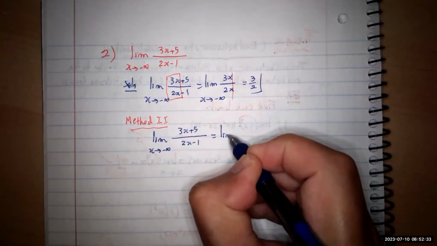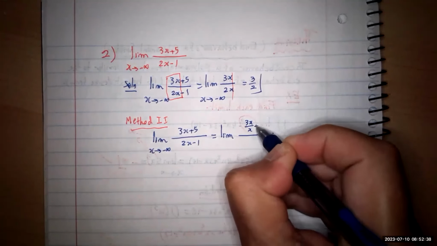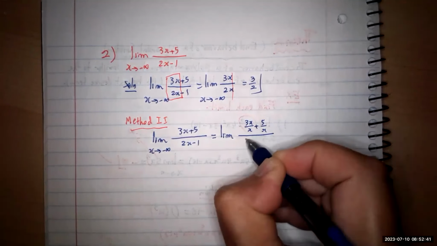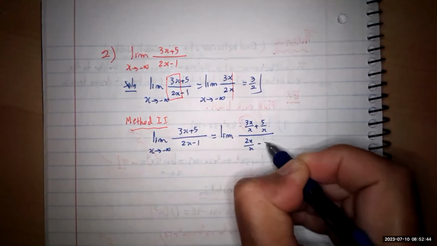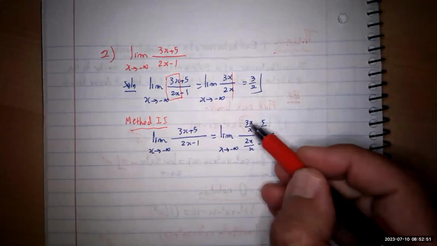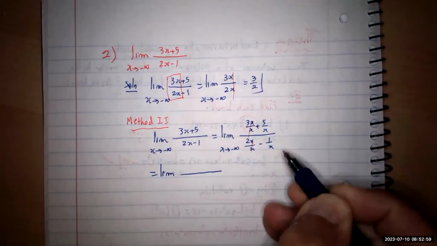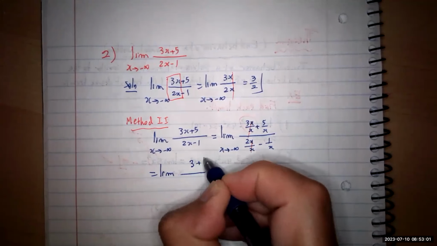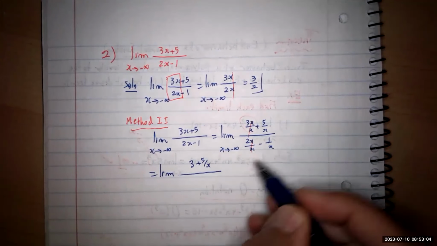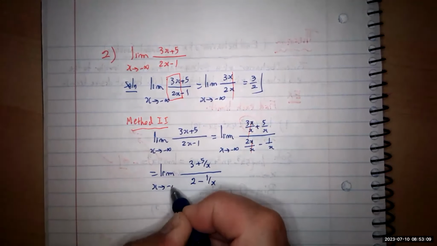Highest power of x. Now they simplify it. So that gives you the limit of 3 plus 5 over x on the top, and 2 minus 1 over x on the bottom, as x goes to negative infinity.